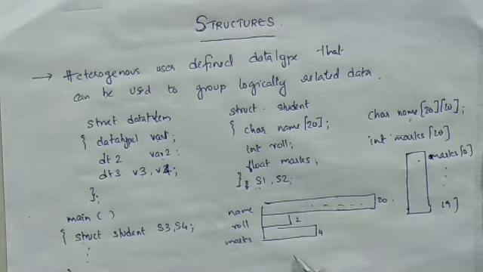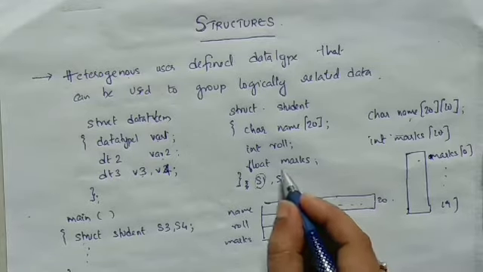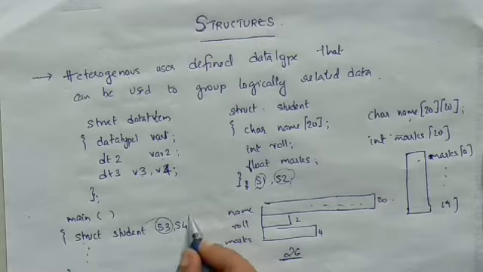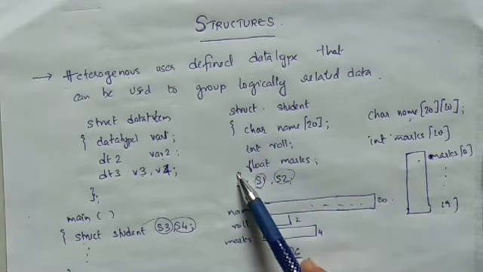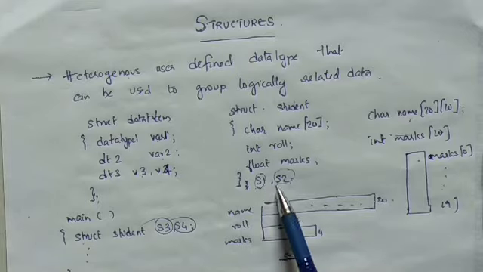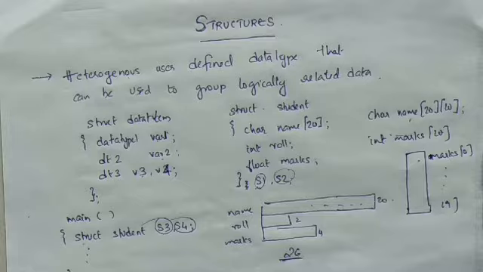So a total of 20 plus 2 plus 4, that is 26 bytes, will be allocated for each of s1, s2, s3, s4. When you declare or define a structure, memory space is not allocated. When you declare the variables, memory space will be allocated. Hope that is clear.